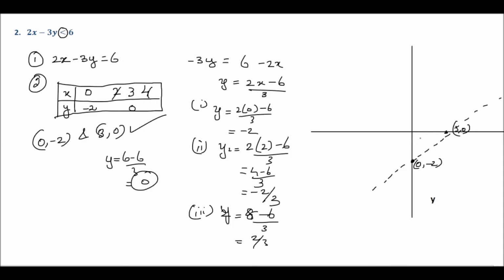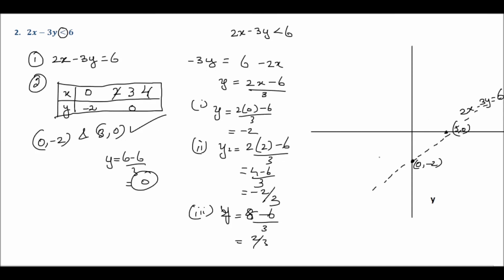Now determine the region. In the inequality 2x minus 3y is less than 6, I got the dotted line 2x minus 3y is equal to 6.